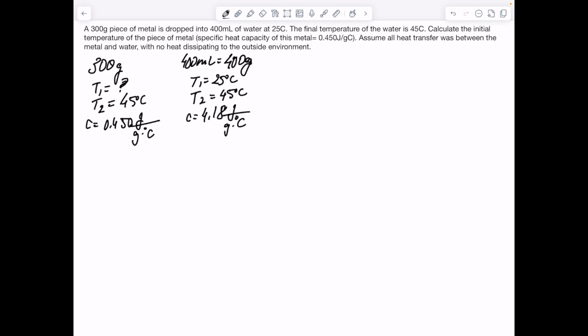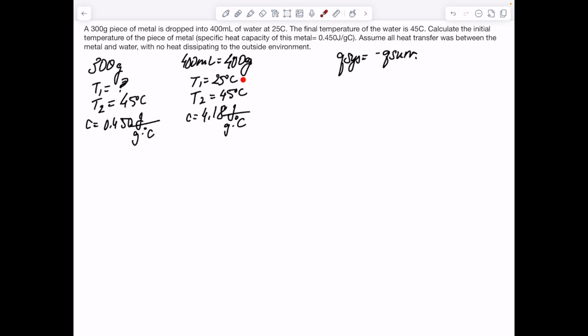So if we write out our expression here, or our formula of how we're going to find what T1 is, we start with Q system equals negative Q surroundings. This is because what this situation is describing is a system, aka the 300-gram piece of metal, dropped into the surroundings, which is the water, and there is a thermal exchange here.